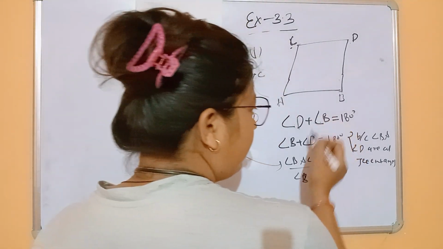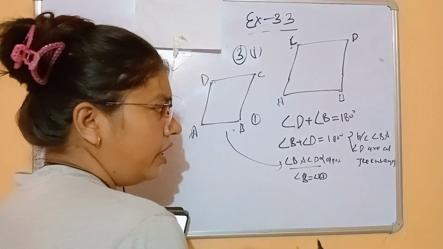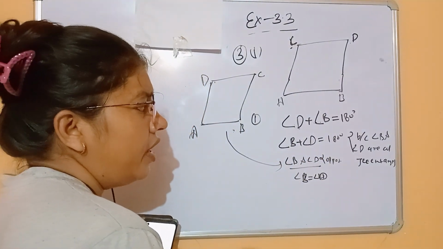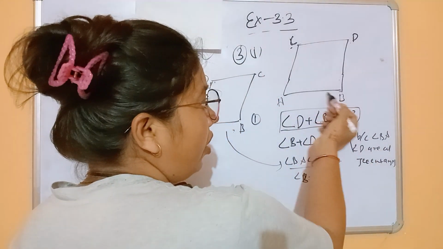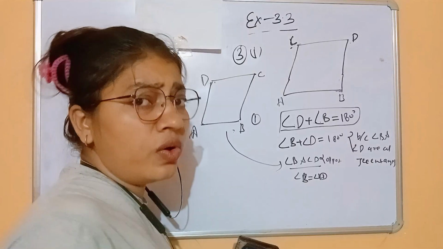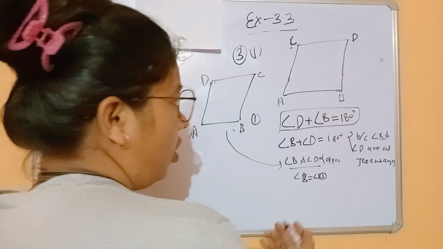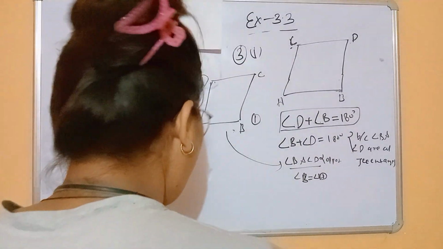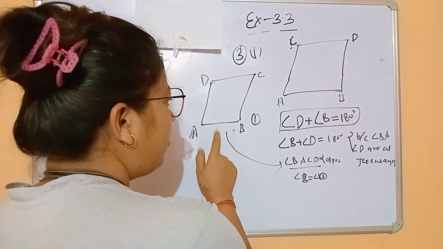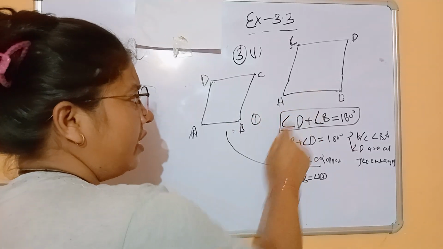So it can, but not always. In your answer you can write it can, but not always, because it depends on your figure, how you name your figure. From one figure it's not possible, from the other figure it's possible.